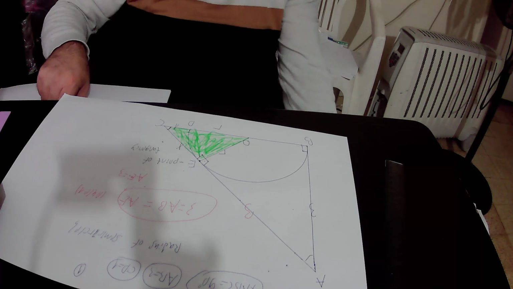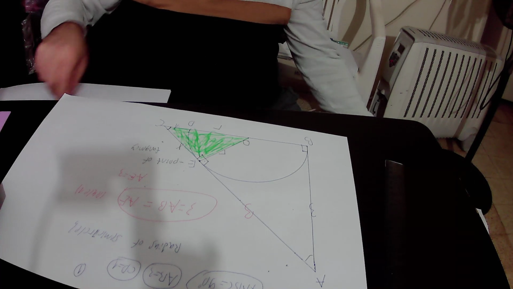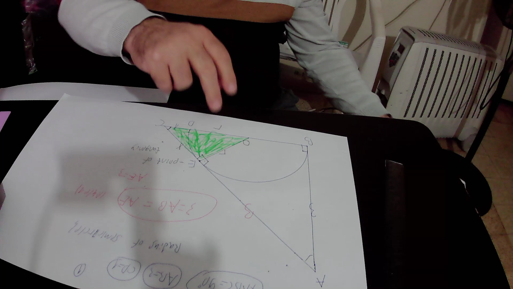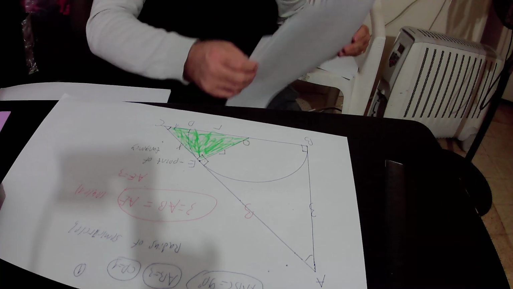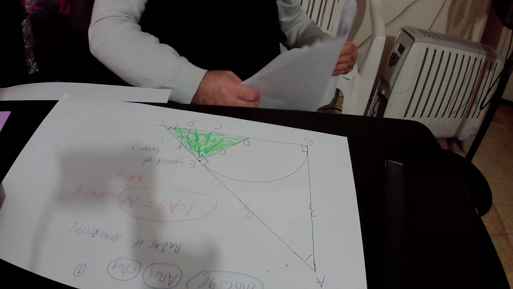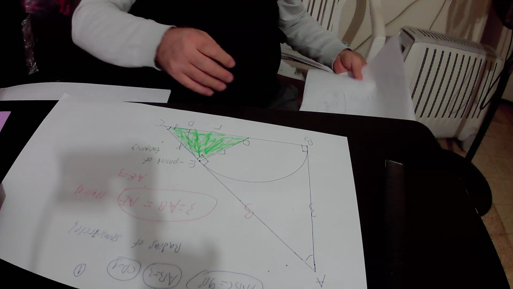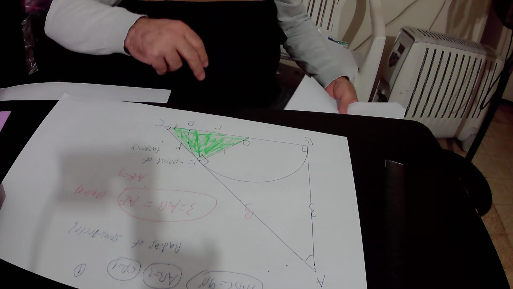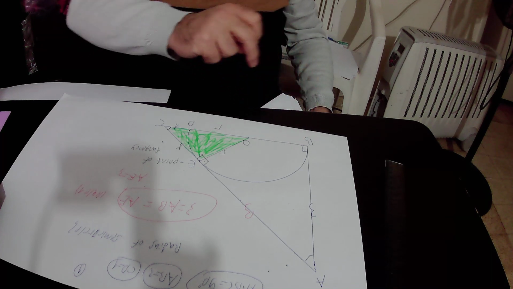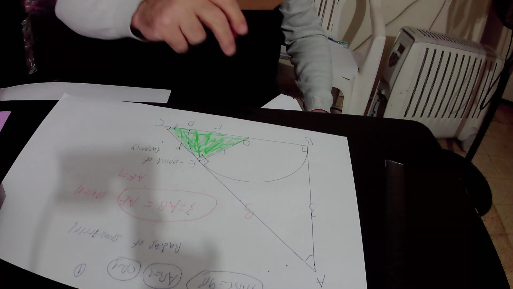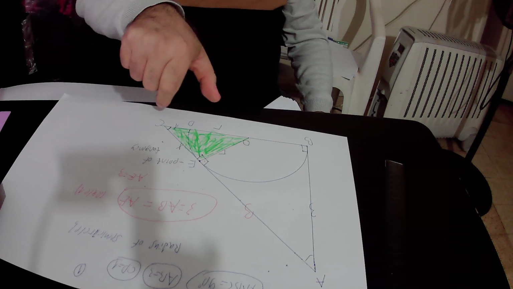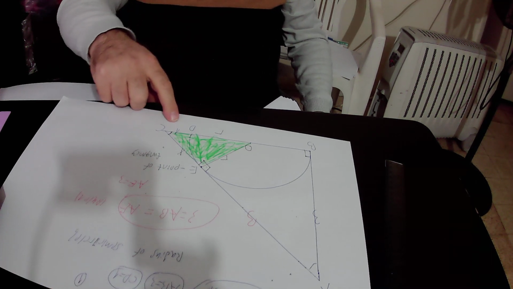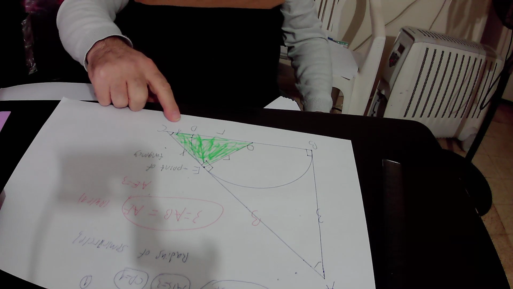We actually wanted to find out the radius of this semicircle, and we have here a right triangle, triangle ABC. Angle ABC equals 90 degrees, AB equals 3 units, and DC equals 1 unit.